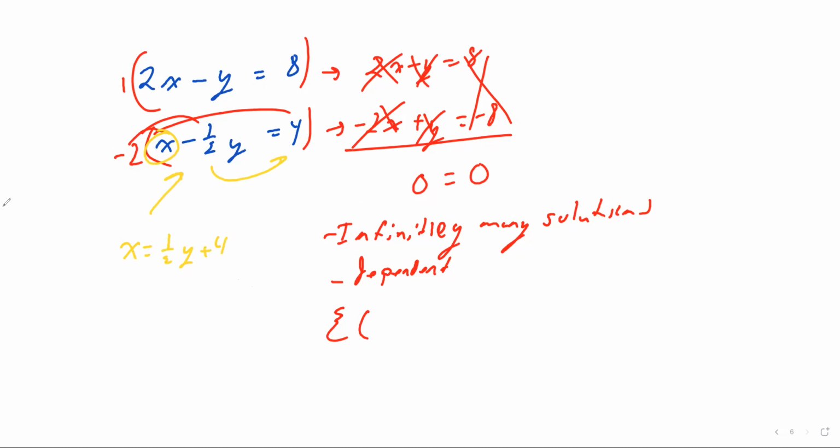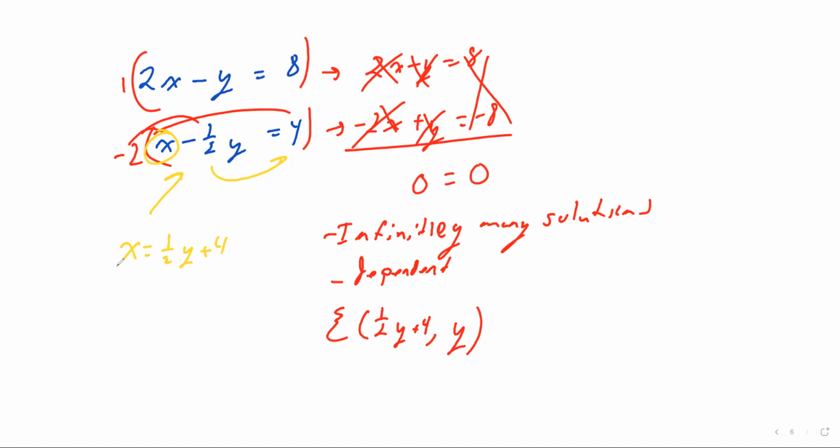And so what they'll do is they'll have you take that answer and they'll say, all right, well, this is going to be what x is. But actually, sorry. x will be what you just solved for in this case. So 1/2 y plus 4. And then your y will just be some random y.